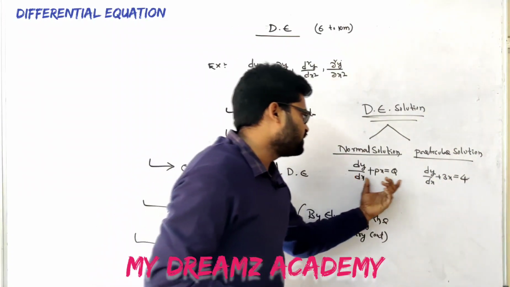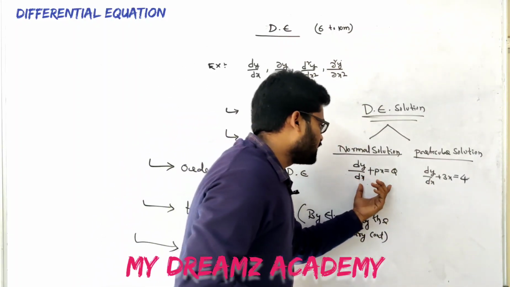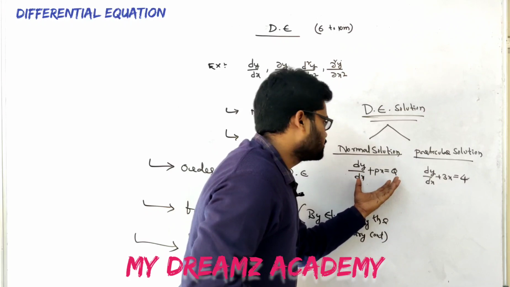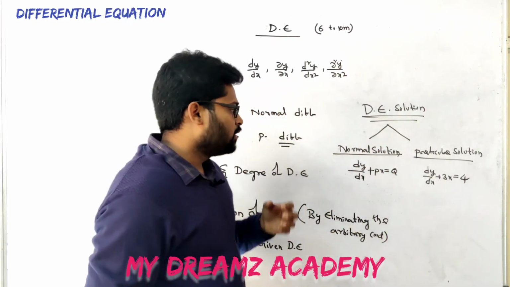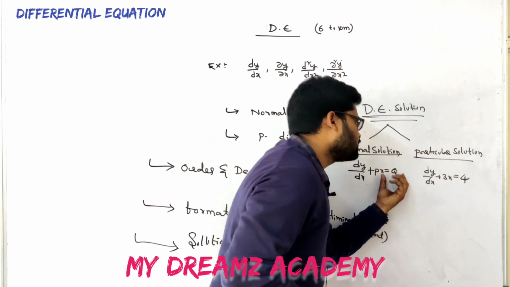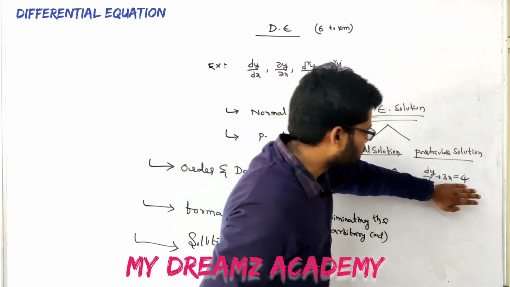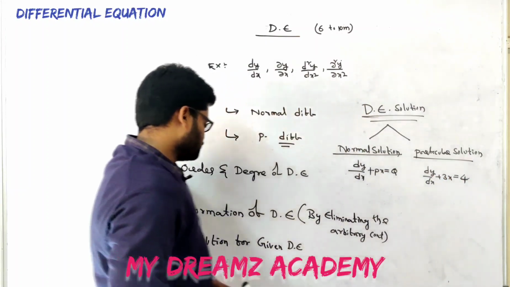The main difference between these two is that if the equation contains arbitrary values or arbitrary constants, that is a normal solution. If you give particular values to the arbitrary constant, that is known as a particular solution.